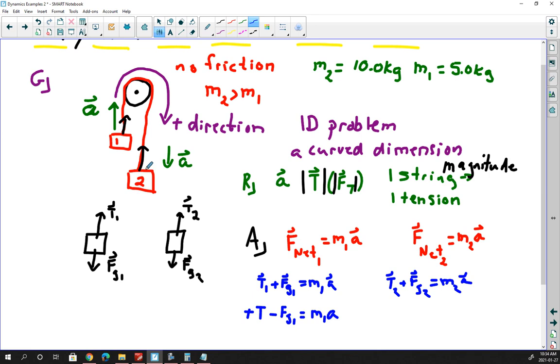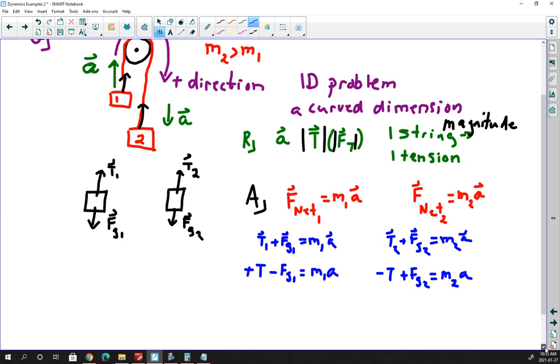We're going to drop the vector notation. Tension 2, if you take a look at the diagram here, it's against the flow of this positive direction. We know it has this magnitude, just T for tension. So I'm going to put in negative tension plus force of gravity on the second object is equal to second mass times acceleration, and we drop the vector notation.